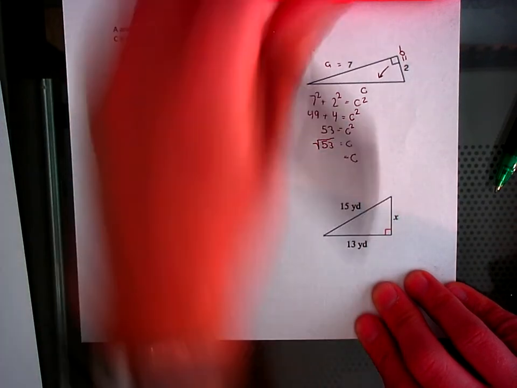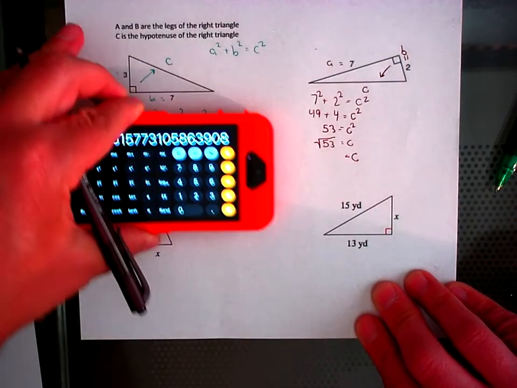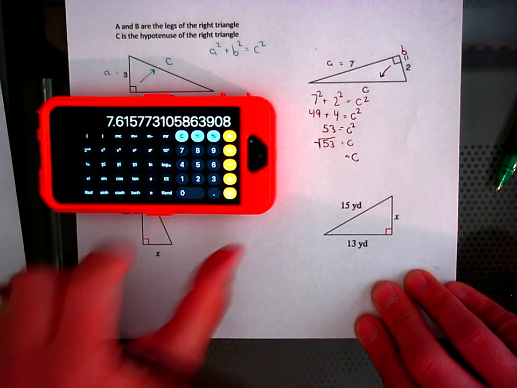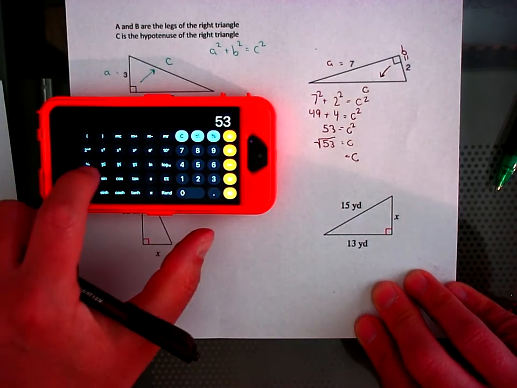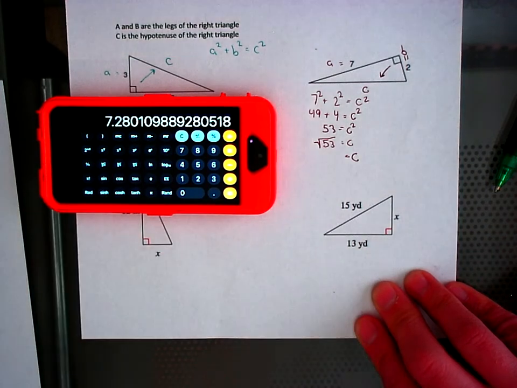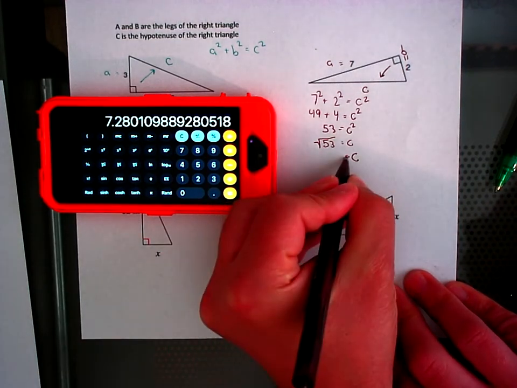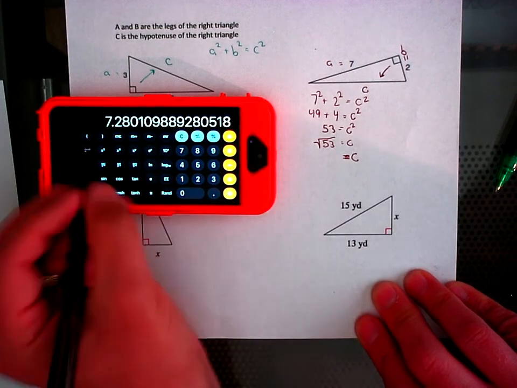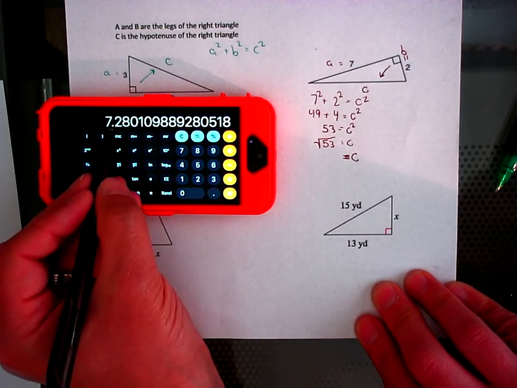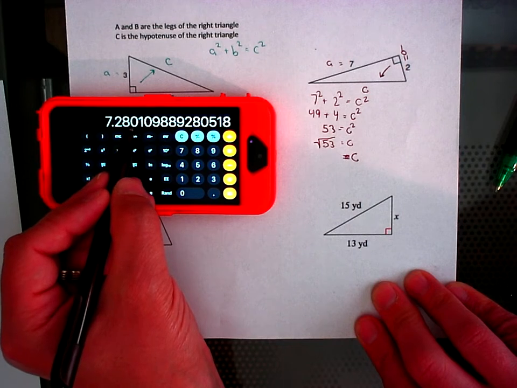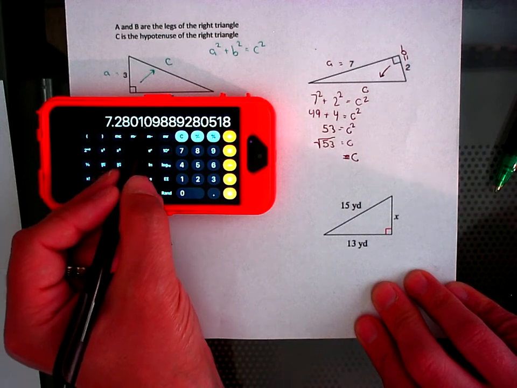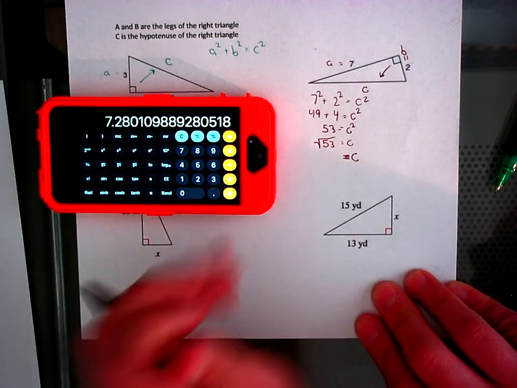Now again, if they want, let's say, 3 places behind the decimal. Again, all I do is I type in 53, I find my square root key, and I get all of this. So again, I look 3 places behind the decimal, 7.28, there's my 3rd place, which is a 0. Behind it's a 1, so I'm going to leave it alone.